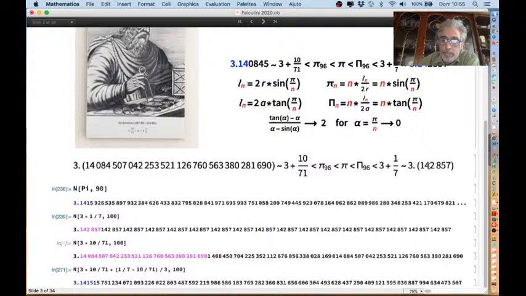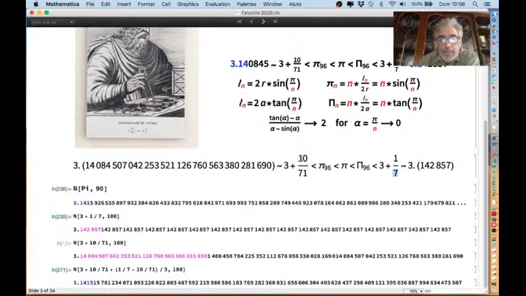In fact, this is the longest possible period for the number 7, because the maximum is the number in the denominator minus 1. So 7 minus 1 is 6.